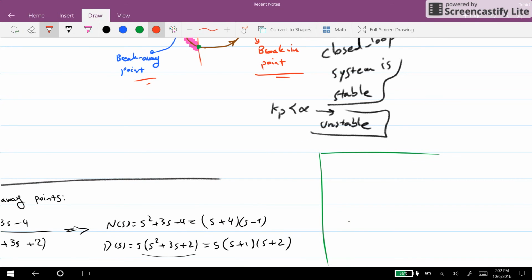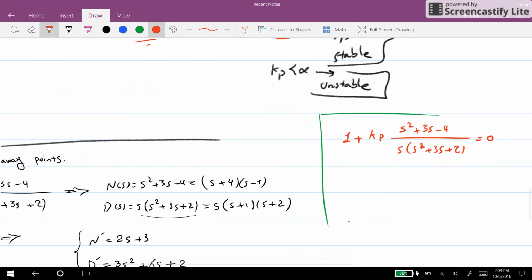We have (1 plus Kp times (s squared plus 3s minus 4)) over (s times (s squared plus 3s plus 2)) equal to 0 as the characteristic equation. From here we will have s times (s squared plus 3s plus 2) plus Kp times (s squared plus 3s minus 4) equal to 0.